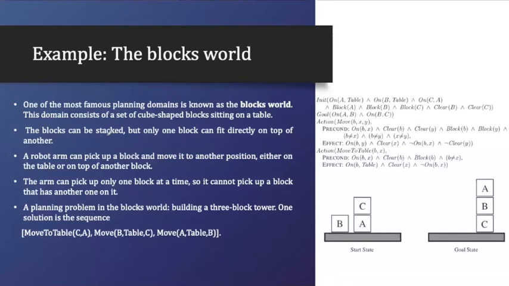The blocks can be stacked, but only one block can fit directly on top of another. Stack means we can put one block on top of another block, one object onto another object.